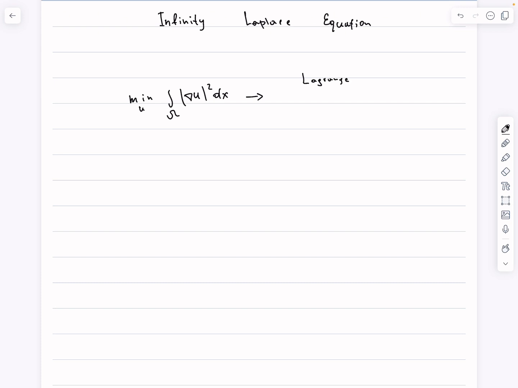This is in a course of calculus of variations. Using Lagrange, we come to this PDE: divergence of du is equal to 0. Okay, this is the Laplace equation.